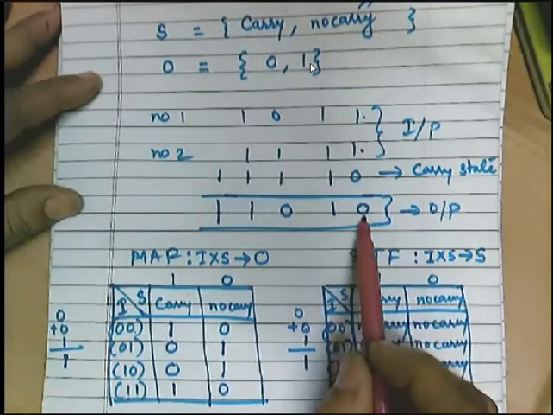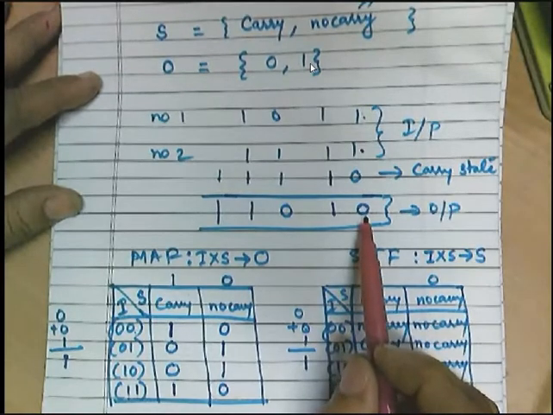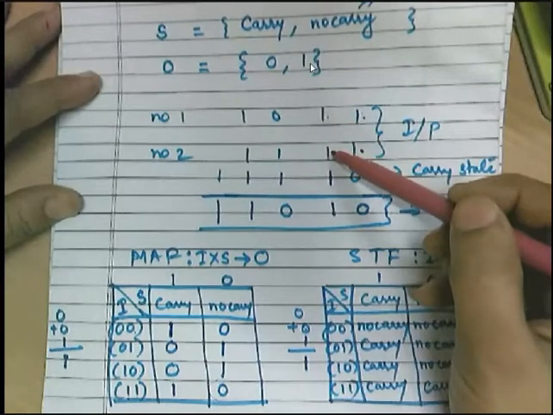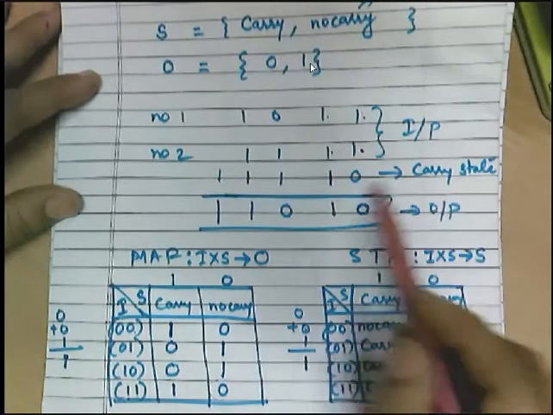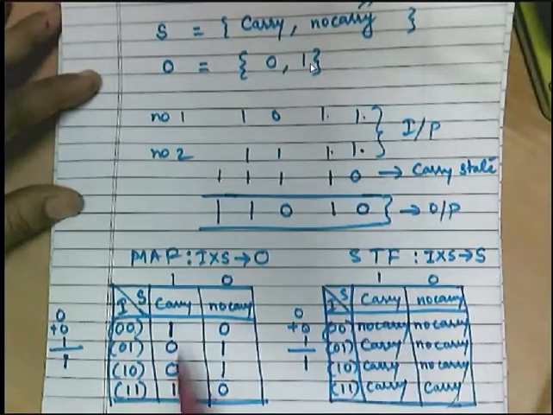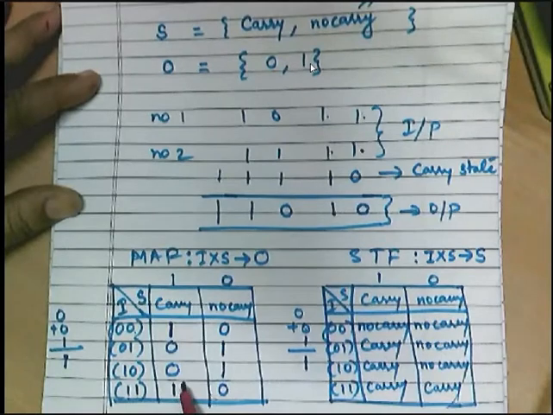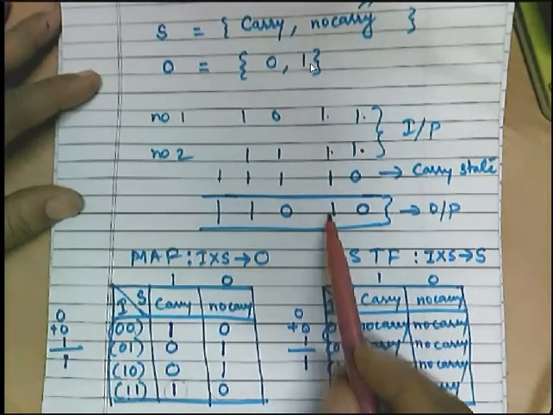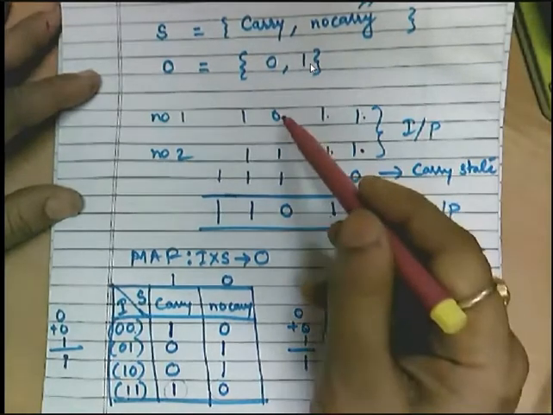See here, output is 0. Right? Next, current input is 1 1, and it is in a carry state, that is, a carry is already there. So 1 1 and there is a carry, so it is generating output as 1. See here, 1. Understood?